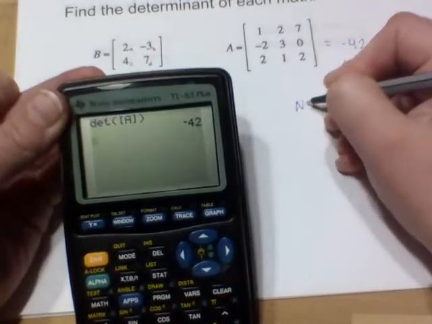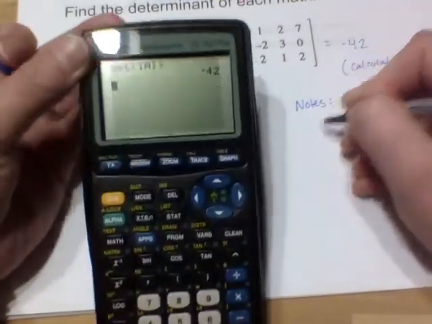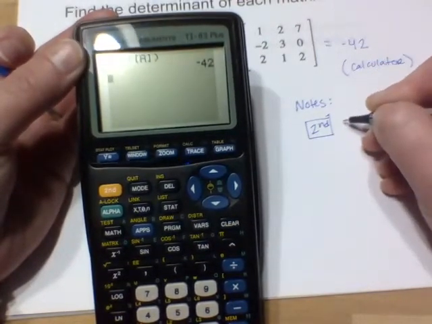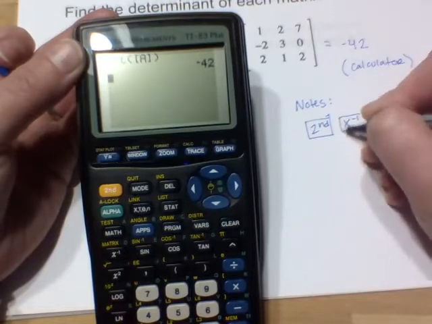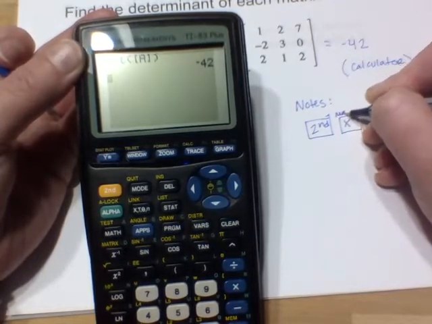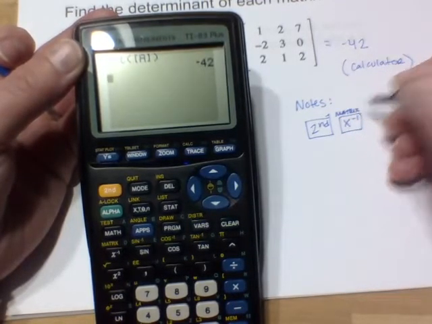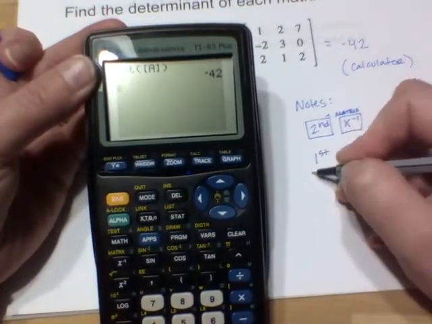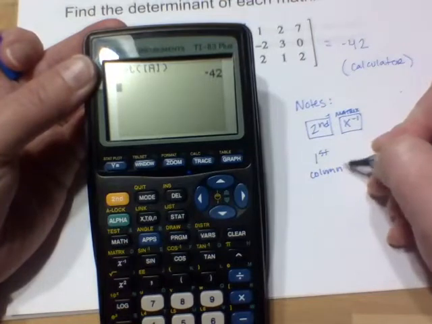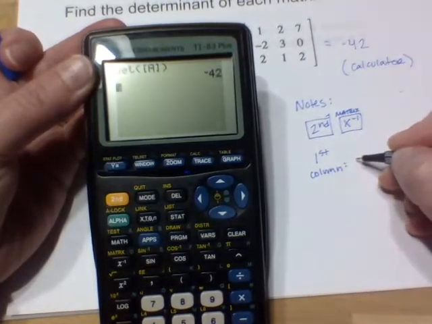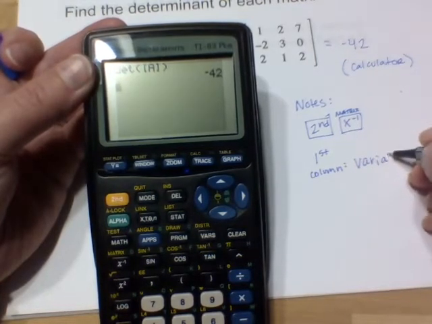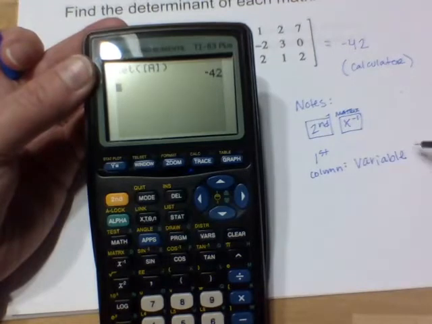So just a few notes on how to get to your calculator. Remember that you're going to have to go to second, and then x to the negative 1. But of course that says matrix. And then the first column is going to be your names, basically the variables to take to the home screen.